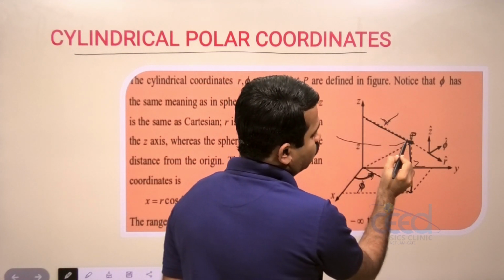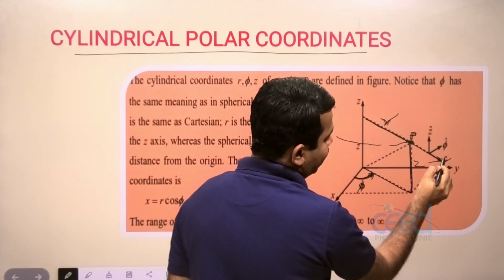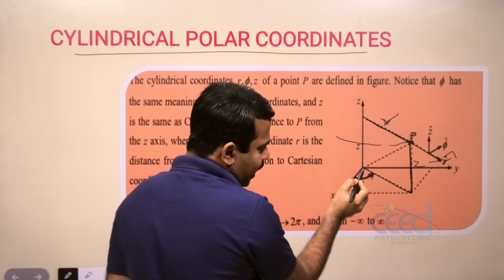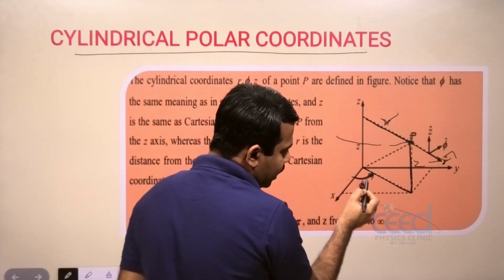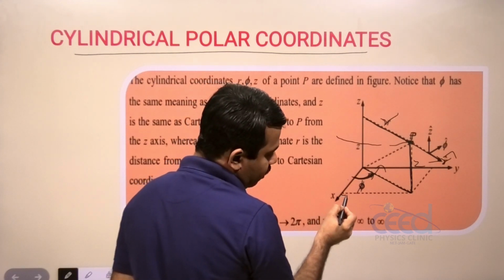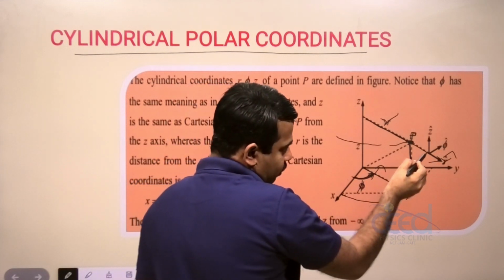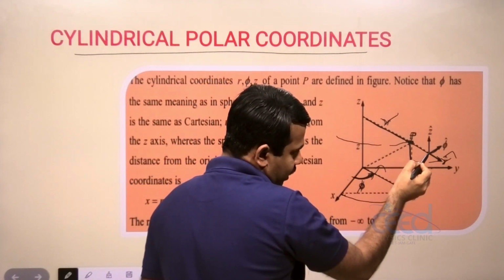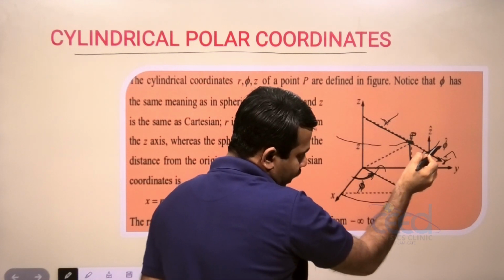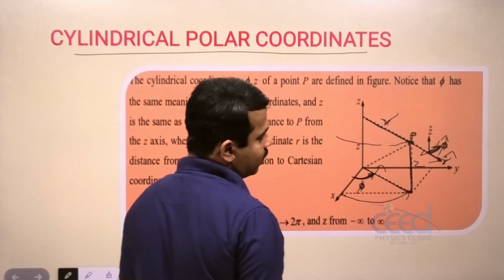So this is the r cap vector. Now look into this figure, in which direction is phi increasing? This direction. That means if I draw a tangent here, this is the phi cap vector.